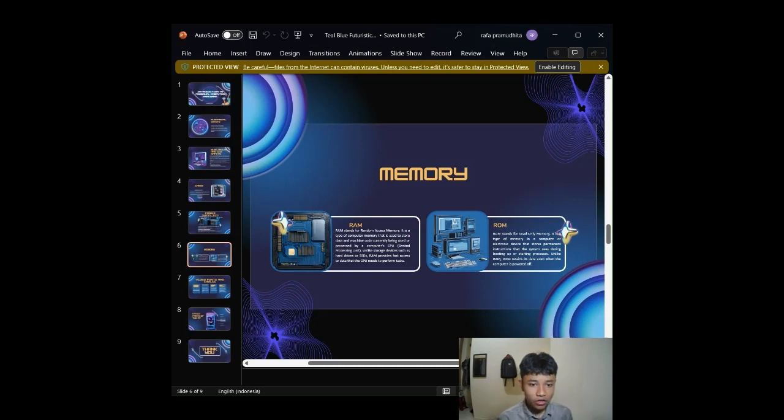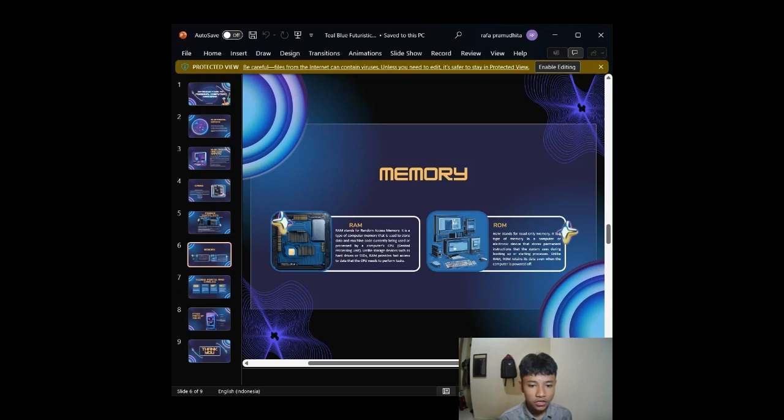Advancement in memory technology. Our journey concludes with a glimpse into the future of memory technology. Explore the latest advancements from high-speed DDR4 RAM to edge non-volatile memory solutions.